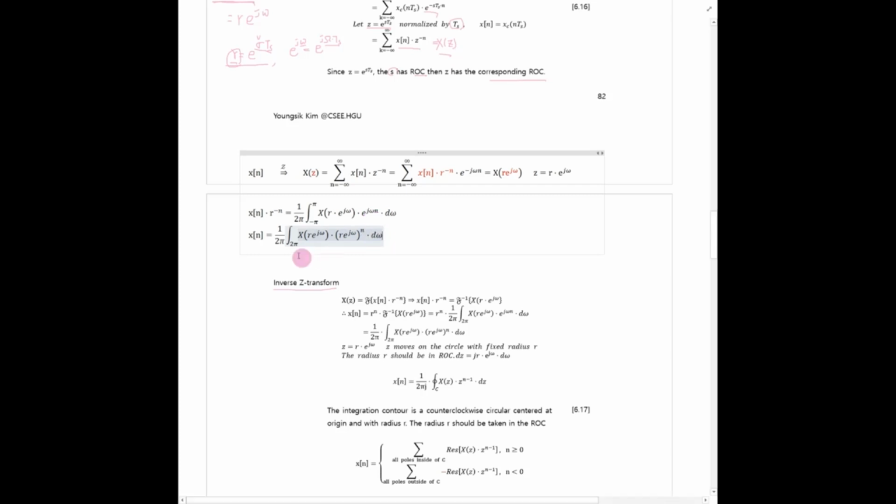Okay, this one is the inverse DTFT. But from here we define z equals r e to the j omega.